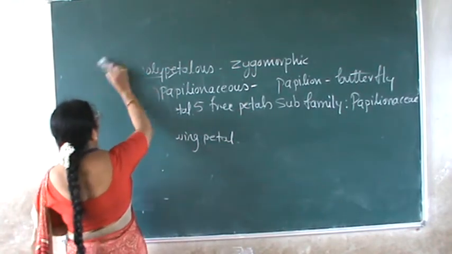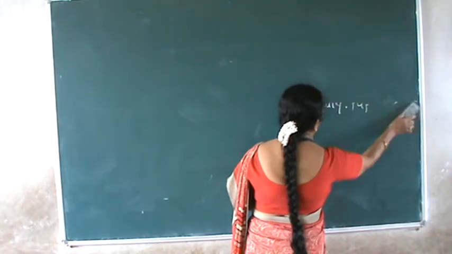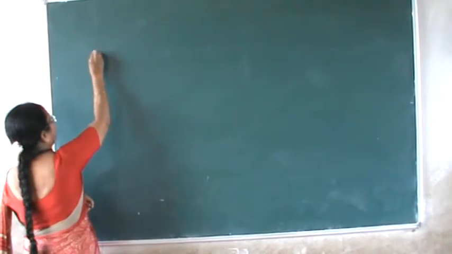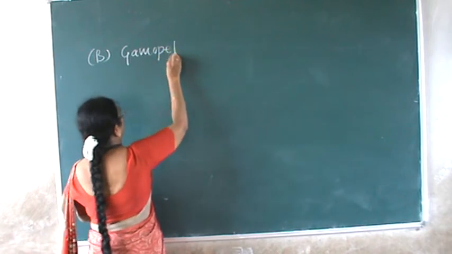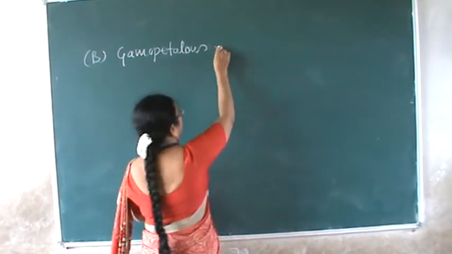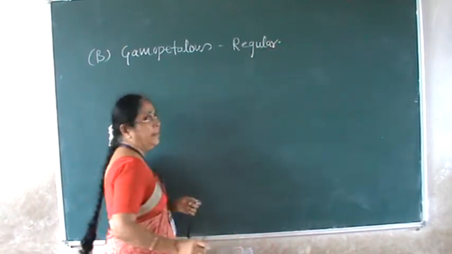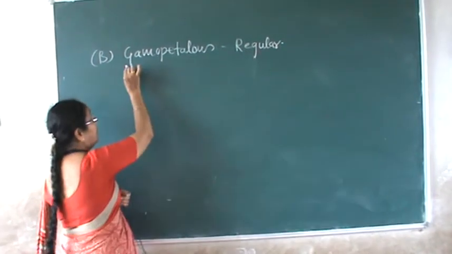Okay. Now let me continue with the next heading, that is gamopetalous regular form. Basically, the corolla is made up of fused petals.